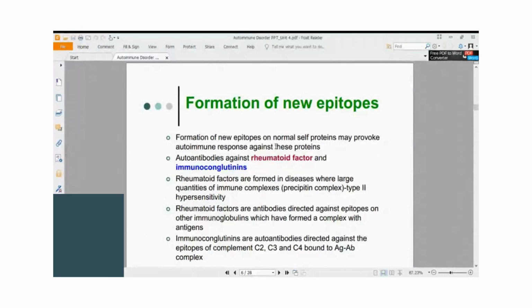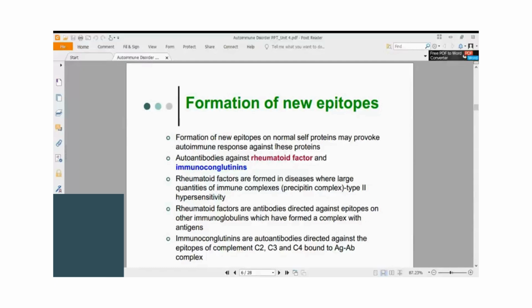Because of the change in the structure of the antibody, it may expose a new amino acid residue on its Fc arm or Fab arm as an antigenic epitope. The immune complex which has formed will expose a new epitope because of the structural change in the Fab arm or the Fc arm of the antibody. And that new epitope exposed by the antigen antibody complex will initiate another antibody production against that complex.